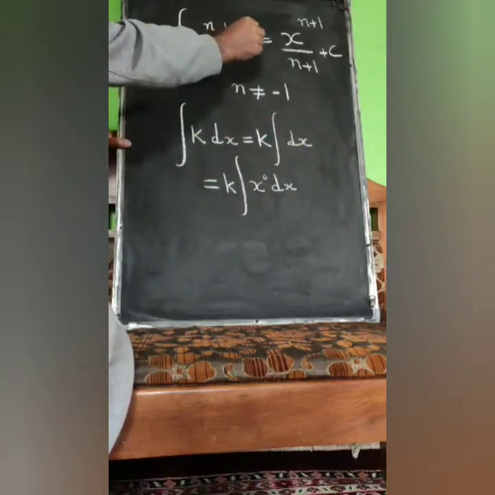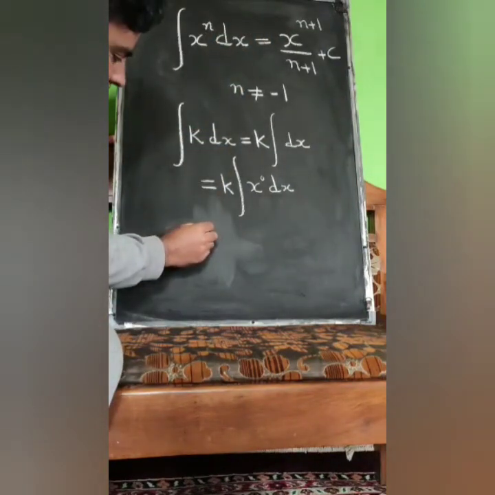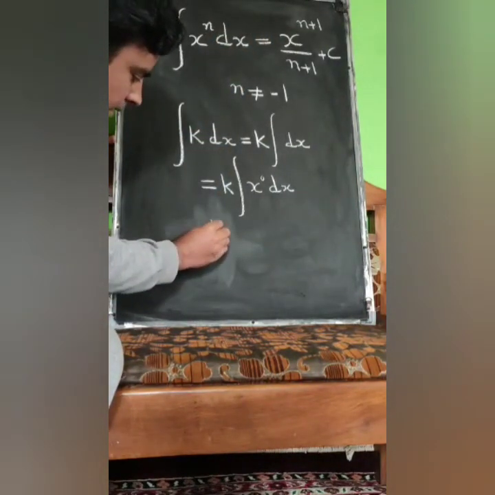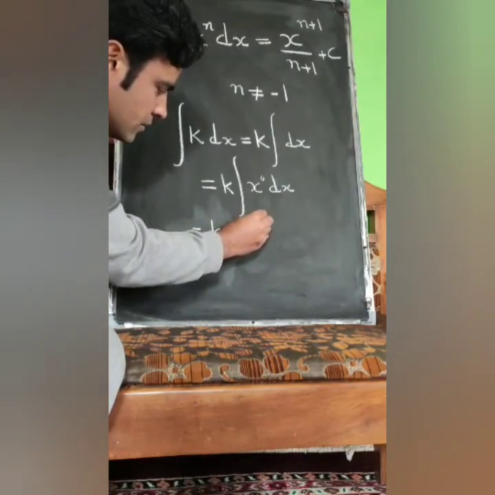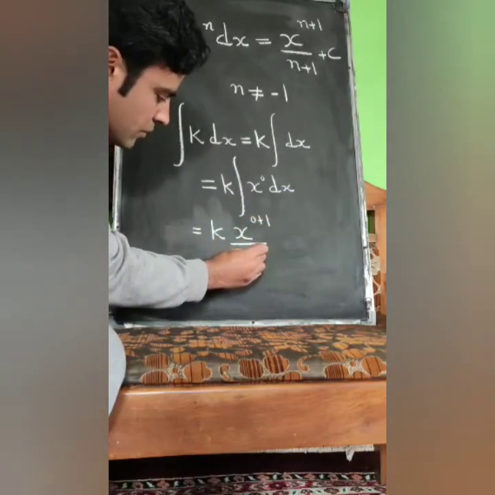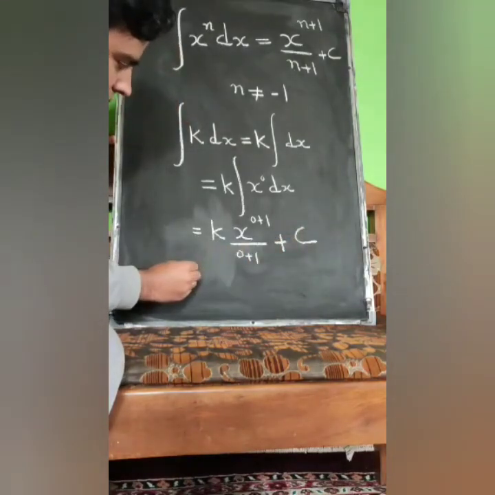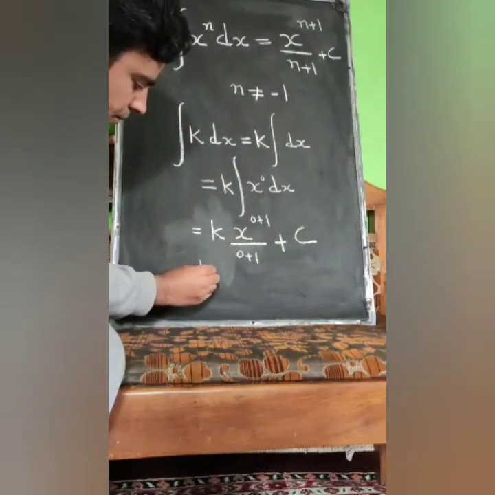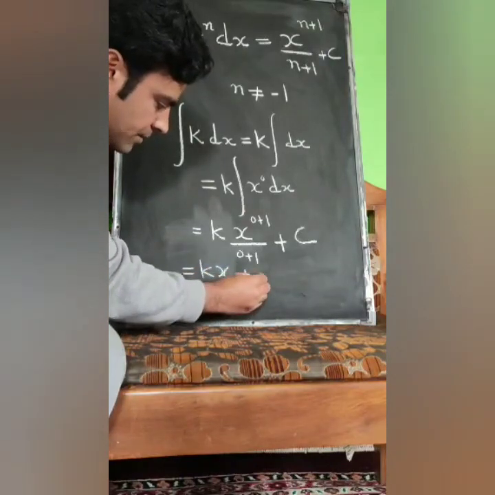Now using this generalized result, we can write k x raised power 0 plus 1 divided by 0 plus 1 plus integration constant c, that is equal to kx plus c.